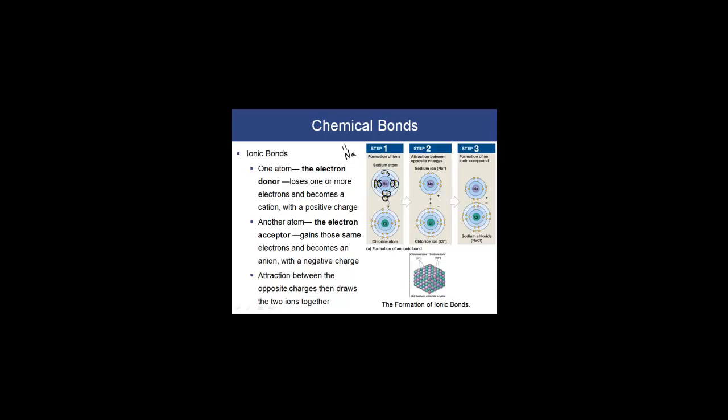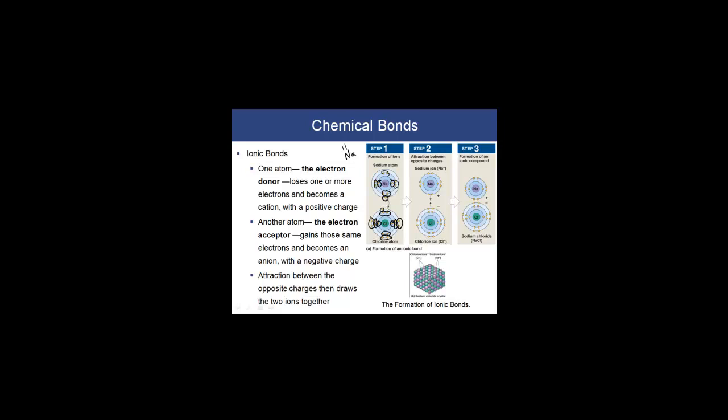We know that the first energy level has 2 electrons, and we see them here. Here's 1, and here's 2. The second energy level has a total of 8. Let's count them. 1, 2, 3, 4, 5, 6, 7, 8. And the third energy level has the remaining, which are 7. 1, 2, 3, 4, 5, 6, 7.